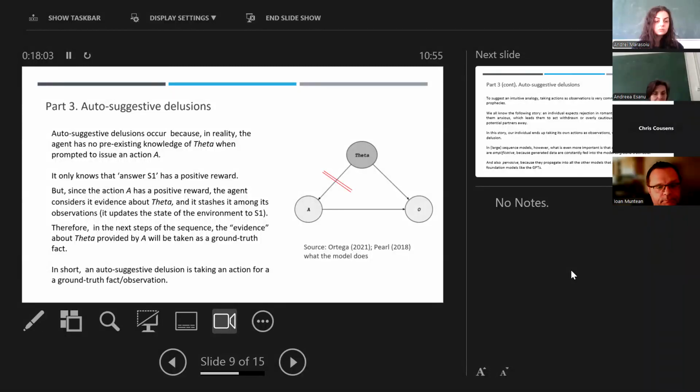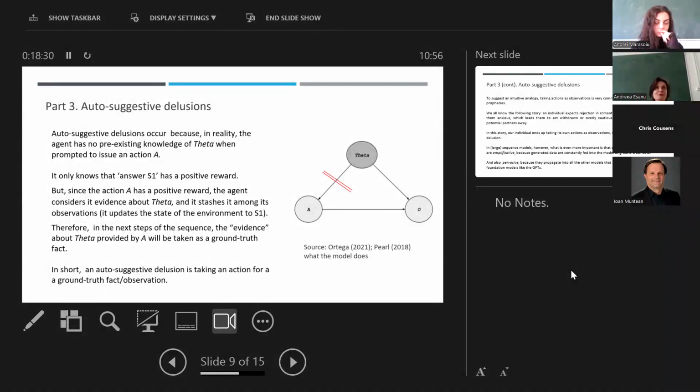So it only knows that the action has a positive reward. So, because it has a positive reward, it considers evidence about theta, that it doesn't know. And so it stashes among its observations.